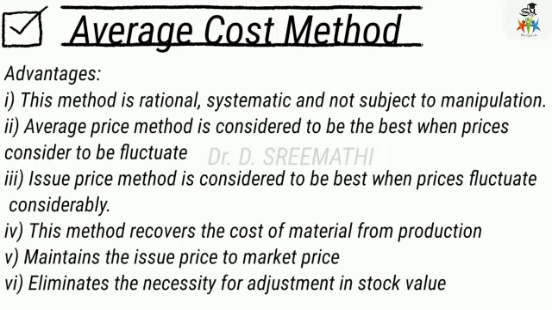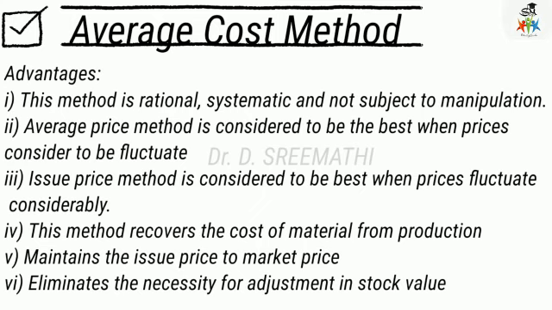This average method is rational, systematic and not subject to manipulation. The average price method is considered the better method when prices fluctuate considerably. The issue price need not be calculated each and every time issues are made; it is changed only when a new lot of materials is received.